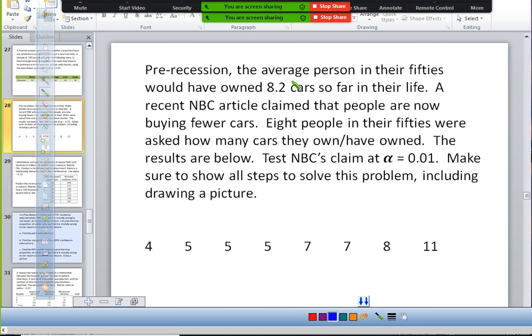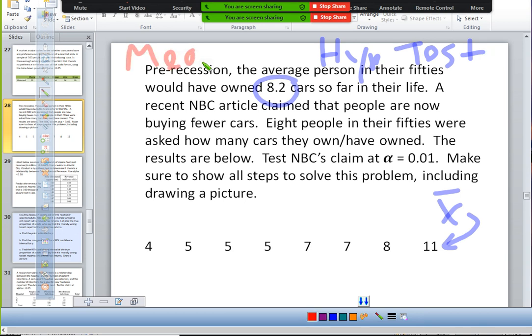Do you guys see that one? So this is where I have data, and I need to find my own x bar. So this one is a hypothesis test, mean. So we're going to use the t-table.